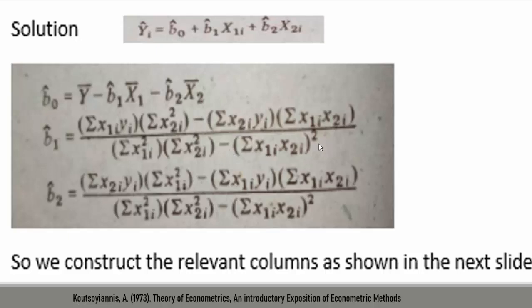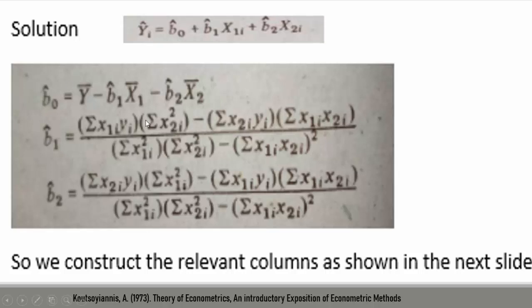The formula for b2 hat will be summation x2y into summation x1 square minus summation x1y into summation x1x2, divided by summation x1 square into summation x2 square minus summation x1x2 whole square. These are the formulas which will be used for the estimation of the parameters.